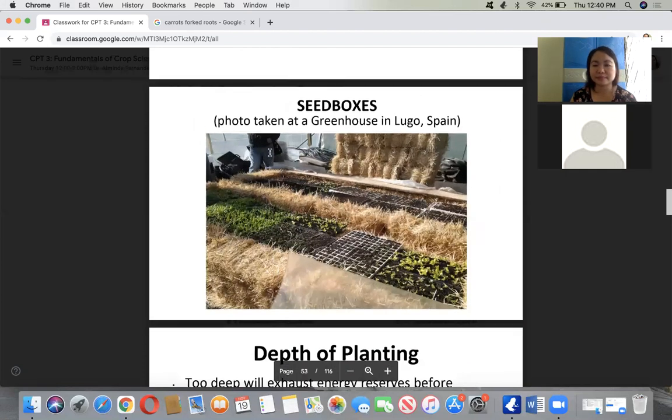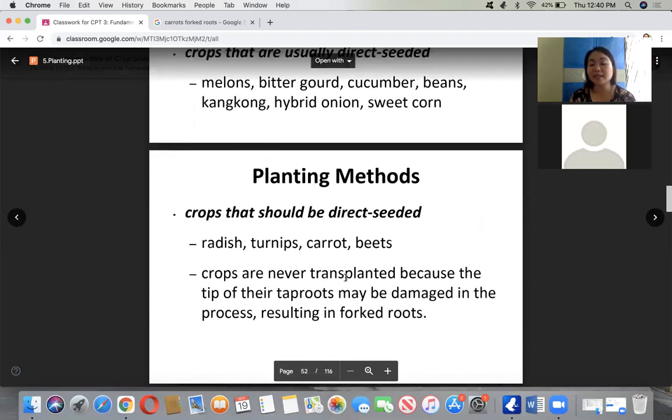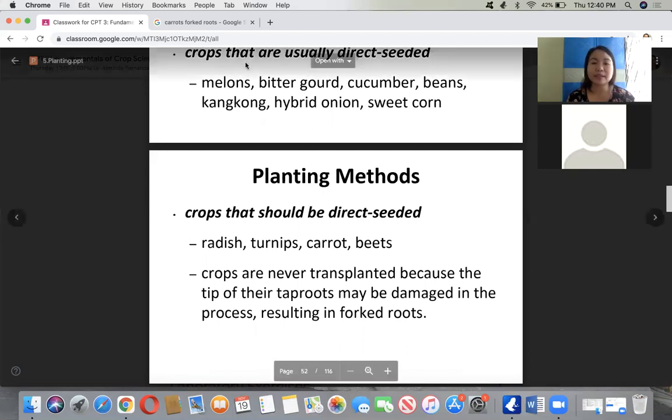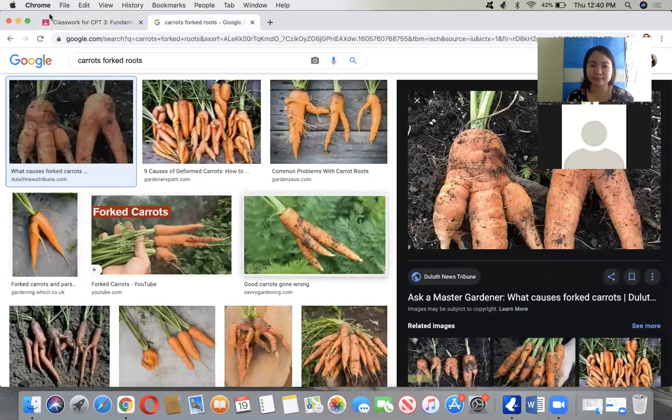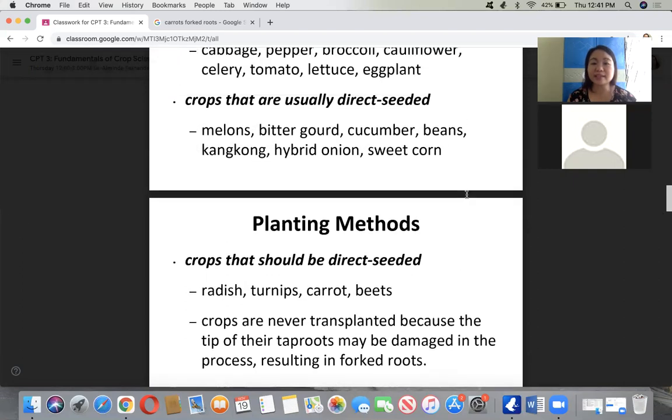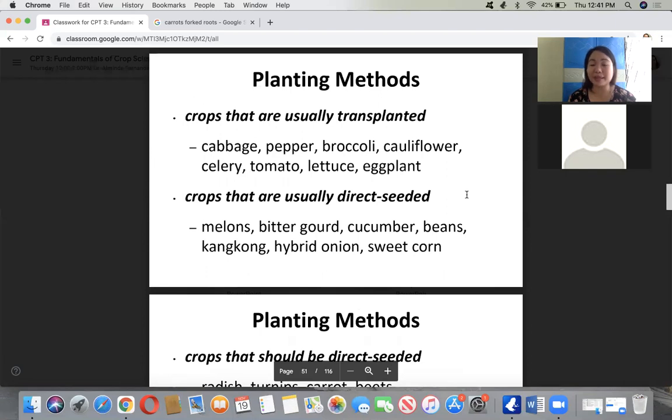They cannot be transplanted because they will form fork roots. Once you direct seed them, you should no longer touch them. Once their root system is disturbed, they will develop fork roots like this. Okay, understood? So can all crops be transplanted? As we explained before, transplanting is really more efficient and better.